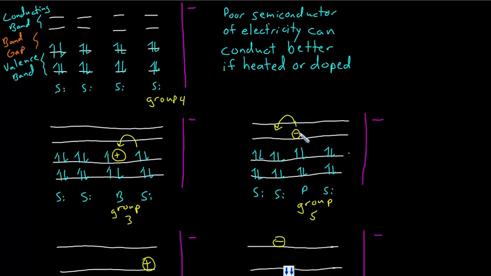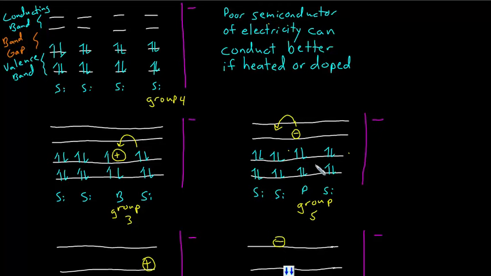Having this electron already up in the conducting band, there are no other electrons blocking its transport, and so this negative electrode can repel this electron up in the conducting band, and the electron can easily move. So you see that it hops over, and so it's moved to the left.